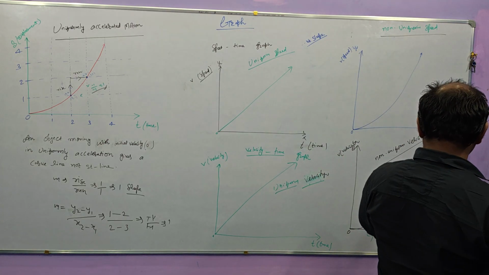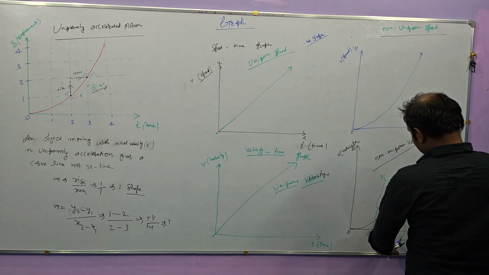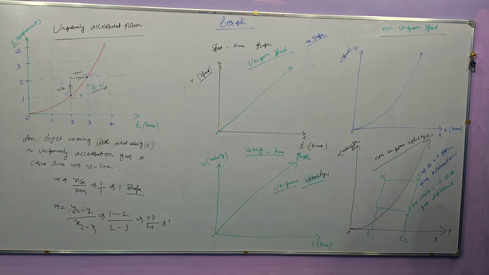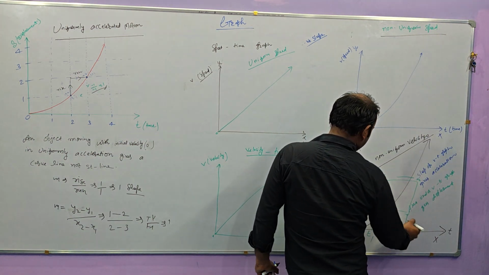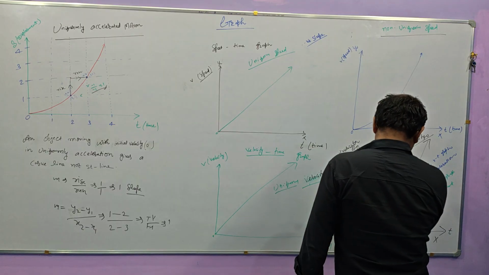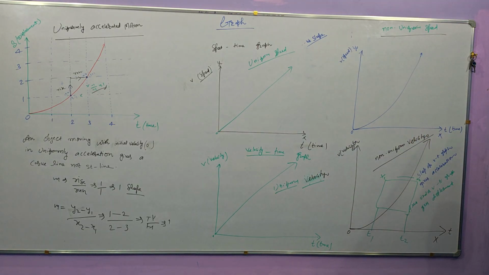Then we have s2 minus s1 and t2 minus t1, the change in displacement, change in this position minus this position, gives displacement.